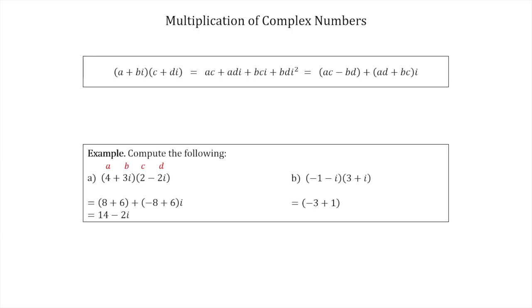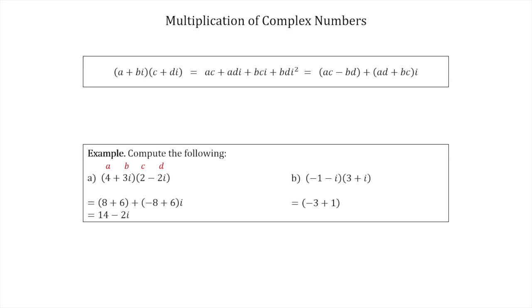To get the first bracket, we do a times c, which is minus 1 times 3, so minus 3, and then we do minus b times d. Now, b is minus 1 and d is 1. If you look at the two numbers, we have minus 1i and plus 1i. Times them together, we get minus 1, but then we subtract that, so minus minus 1 is plus 1.